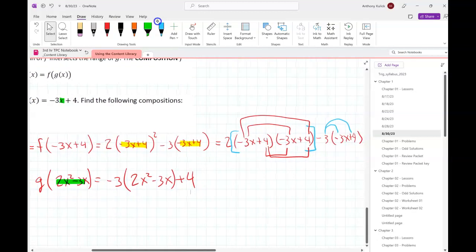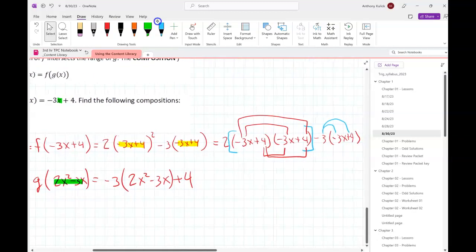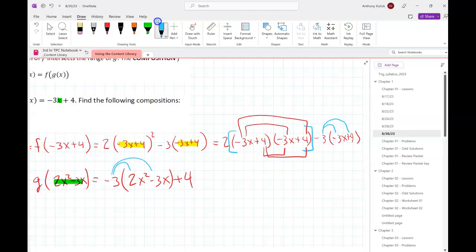Now we simplify. What do I need to do to simplify this? Just distribute that negative 3, right? And we're done.